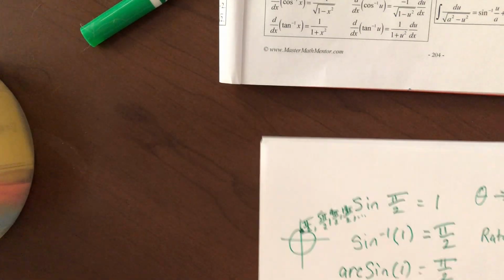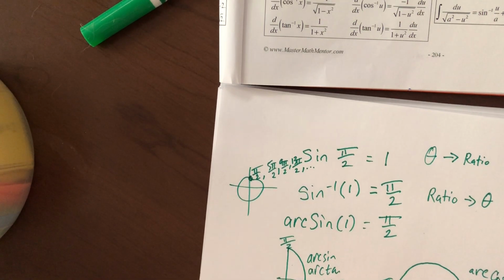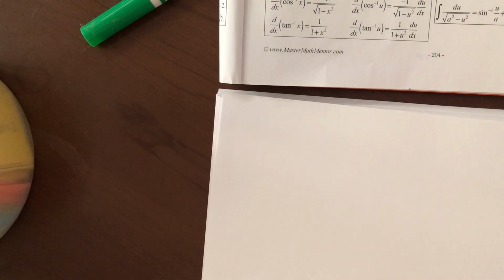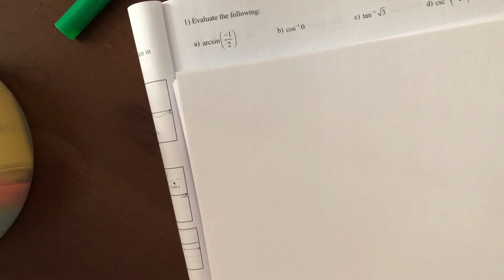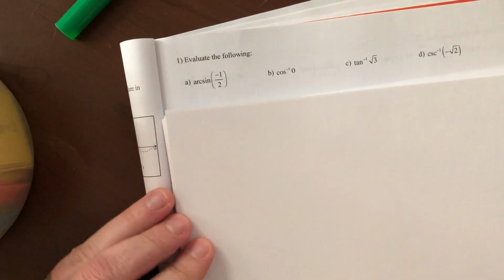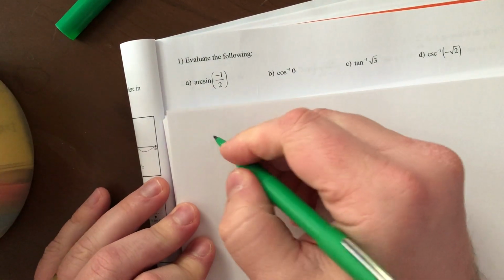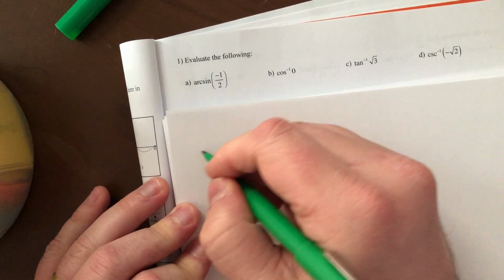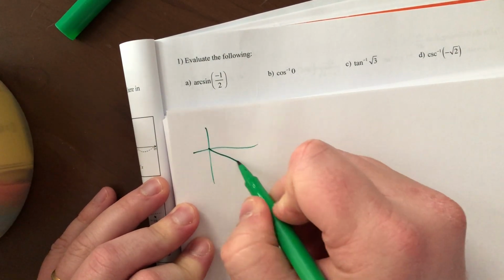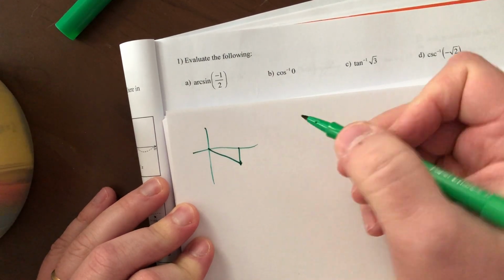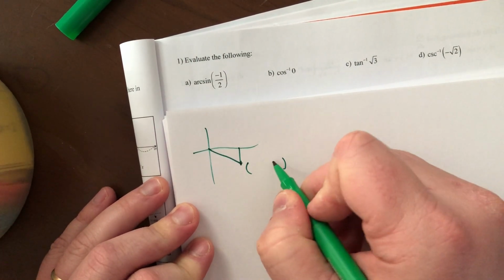So let's see. Okay, arcsine of -1/2. Well, let's see. Arcsine of -1/2. I know that on my unit circle, a y coordinate of -1/2 would be down here. And I just need to think, okay, well, that's going to be -1/2.